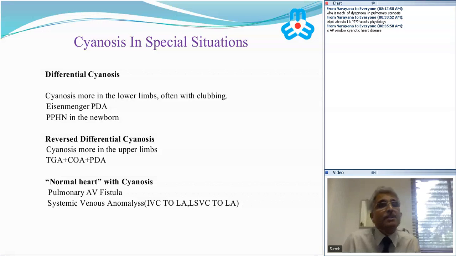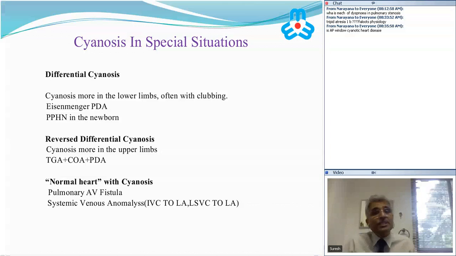That is differential cyanosis. In a newborn with persistent pulmonary hypertension, you can see the equivalent of this by monitoring the SpO2 in the upper limbs and lower limbs. In a PPHN in the newborn, the right to left shunt ensures that the lower limb saturations are low, so you notice a difference between the upper limb and the lower limb saturation.